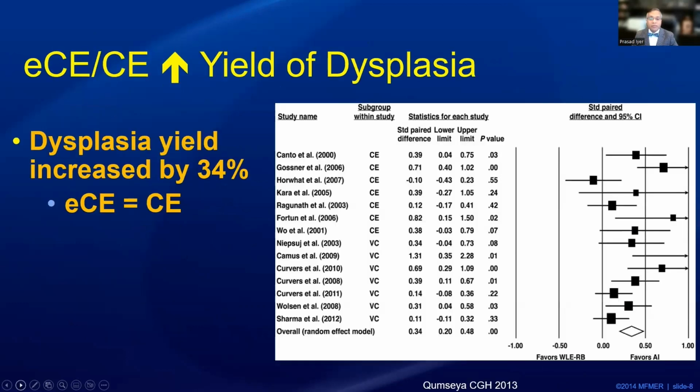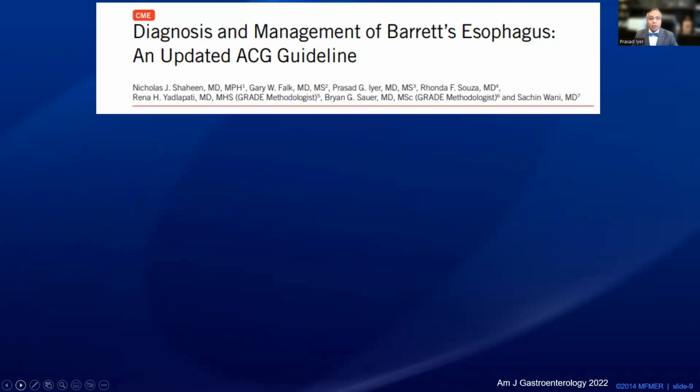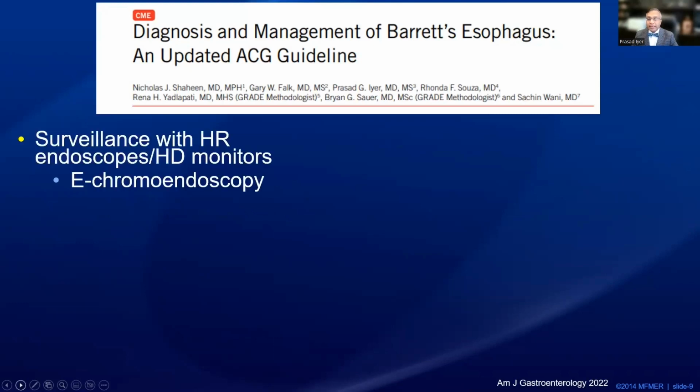Of course, we know that if we were to use electronic chromoendoscopy or dye-based chromoendoscopy, we actually increase our dysplasia yield by almost a third. This was in a systematic review and meta-analysis, which was published about 10 years ago. So what did we say in the most recent American College of Gastroenterology guidelines published in the middle of last year?